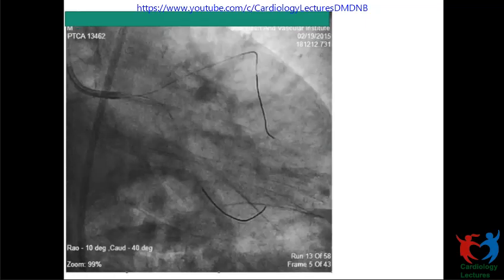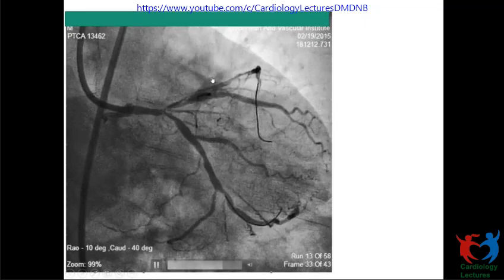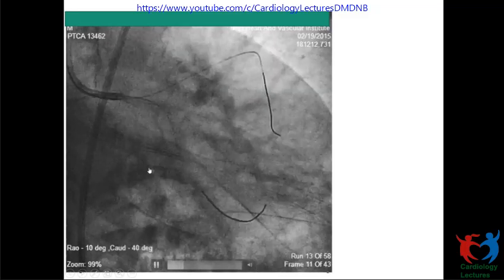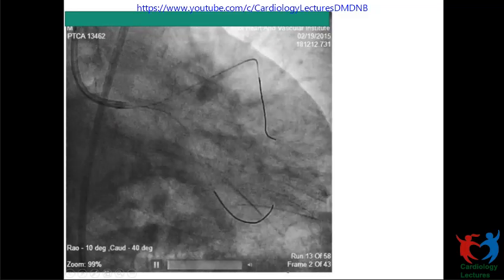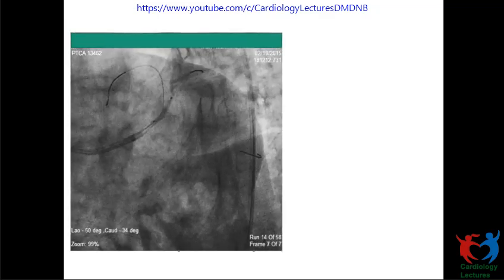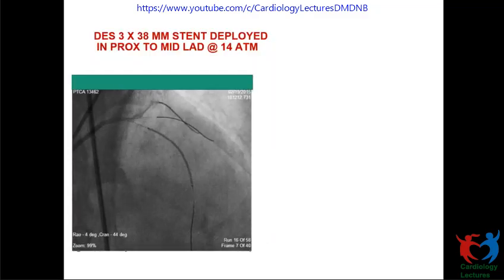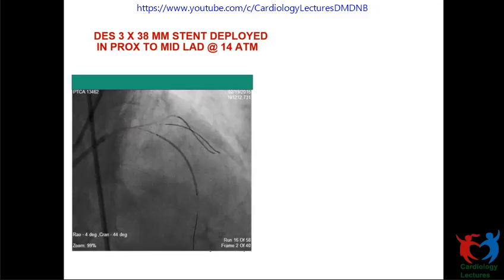So this was the result after our pre-dilatation, and fortunately, no dissection, no hematoma, no thrombus formation till now. And we dilate this ramus or high diagonal as well. Though we were not sure whether if something happens to this branch, we are going to apply a third stent or not, but we did that.